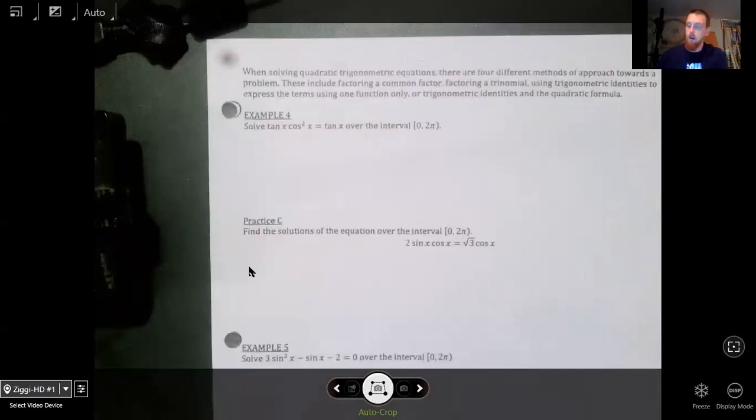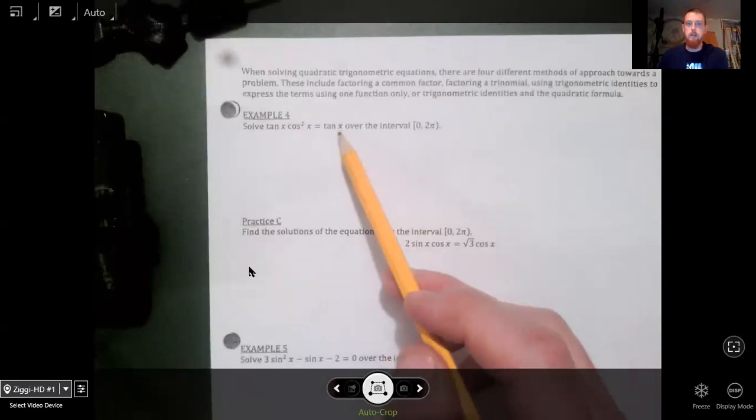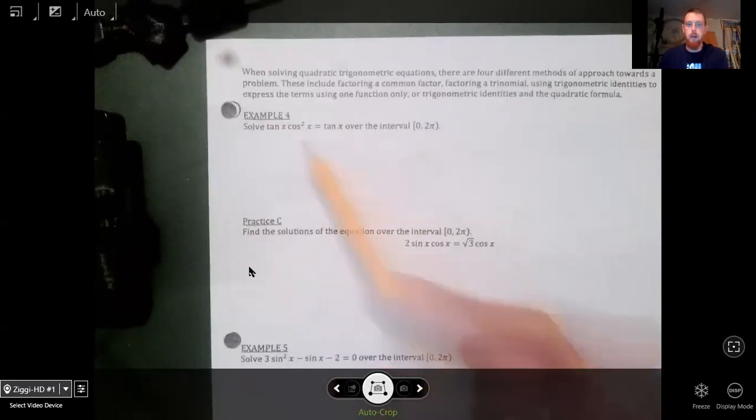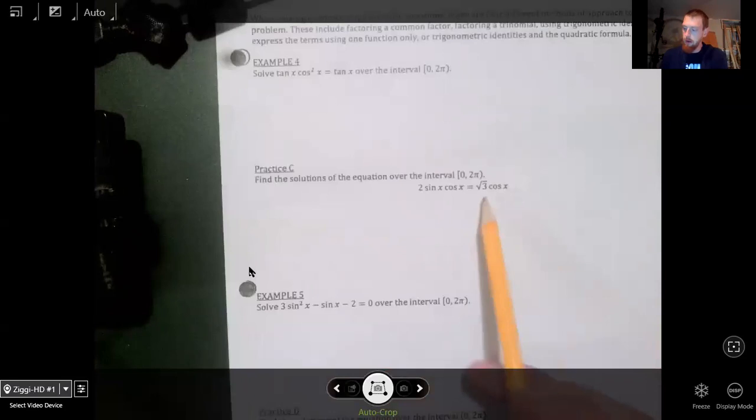First, make it to where you have a 0 on one side of the equation. Okay, so take tangent of x, move it over, then do a greatest common factor kind of thing. Do the same thing with this term that's on the right-hand side of the equal sign.